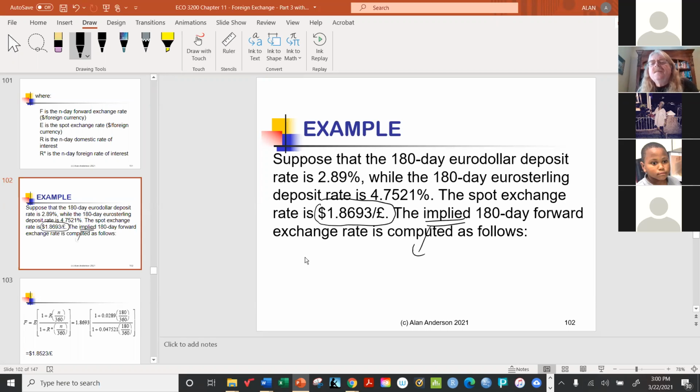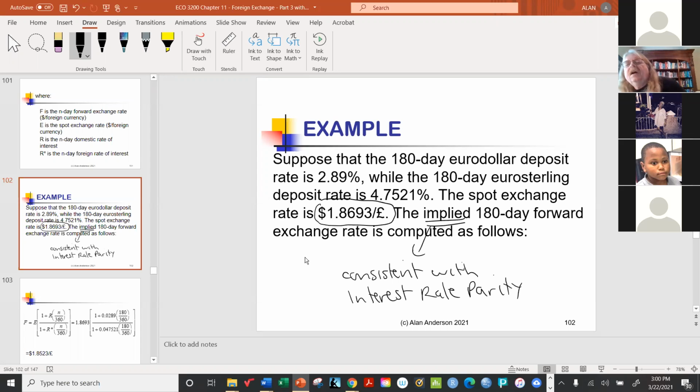This just means consistent with interest rate parity, which also means consistent with no arbitrage. If you're given that quote from a dealer, you would not be able to earn arbitrage profits off of that dealer, because this is the rate that is correct and prevents arbitrage opportunities.